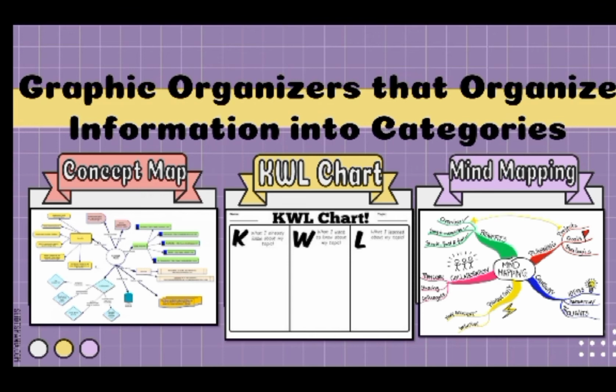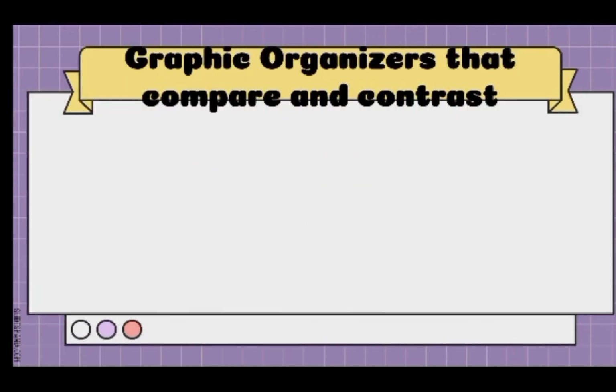We are now down to the third type of graphic organizer: the graphic organizers that compare and contrast. Always remember, class, that if we compare, we look at the similarities, and when we contrast, we see their differences.